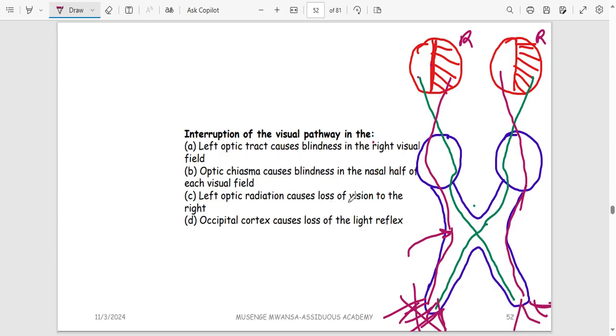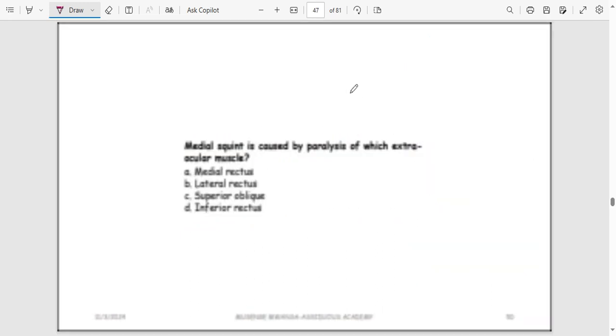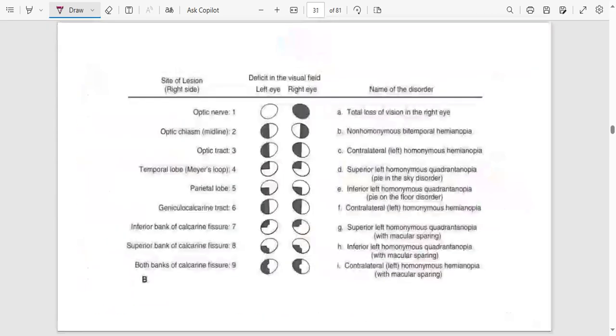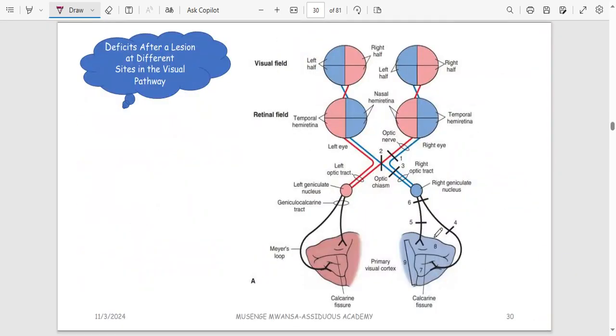Left optic radiation causes loss of vision to the right. But then they've just said right. I don't know if it is right half of each visual field. So whatsoever we want to pick, we can just agree now because that's the same here.